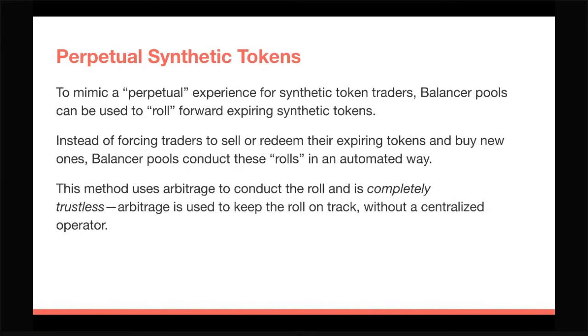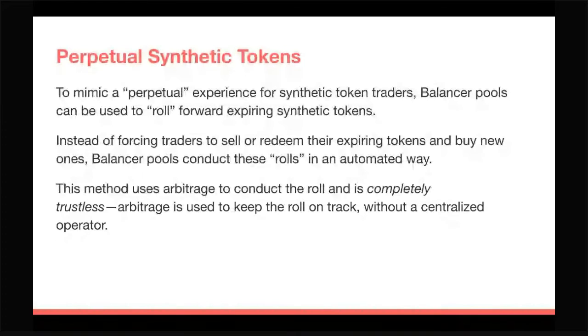So what Fernando and I are going to present is a design where we can mimic that perpetual experience, but for synthetic tokens. We're going to go through how we can use Balancer pools to roll forward a series of expiring tokens. So instead of forcing traders to sell or redeem the, say, May expiry token to buy the June one, we're going to use a Balancer pool to conduct these rolls in an automated way.